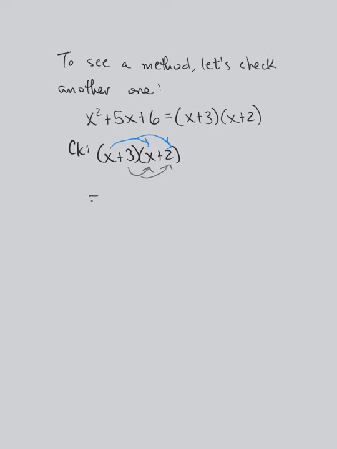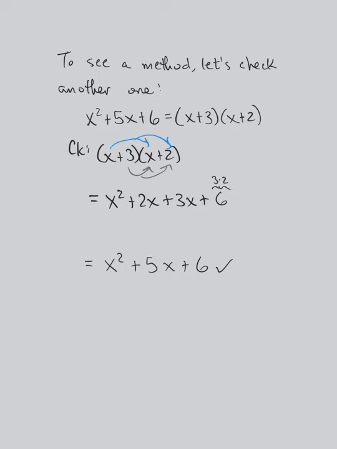Whenever I distribute the x, I'm going to get x squared plus 2x. And then whenever I distribute the 3, I'm going to get plus 3x, and then plus 3 times 2, which is 6. Keep in mind that's 3 times 2. Now you can see I'm leaving a little bit of space because the line that I have written up above is really the key line. But those two middle terms are like terms, so I could combine them into 5x.